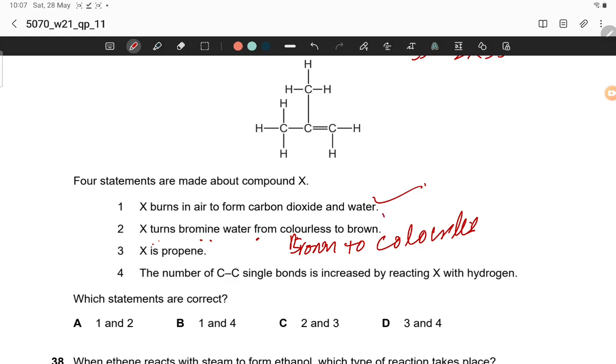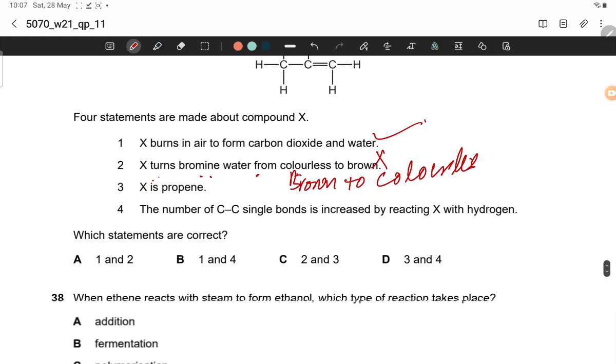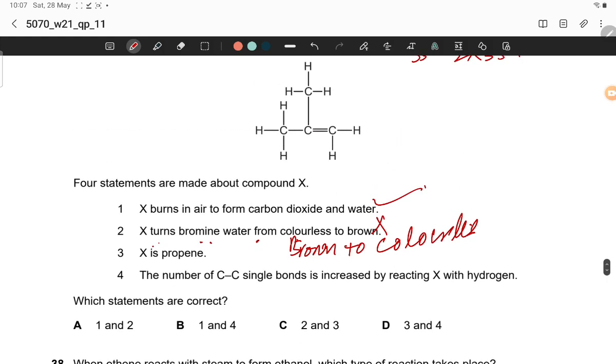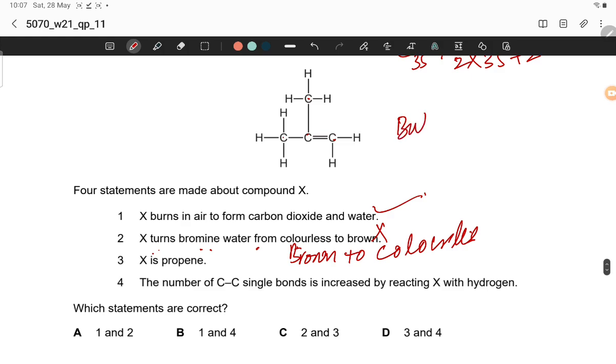X is a propene. No, X is not a propene. 1, 2, 3, 4, this is butene. So it is also incorrect.